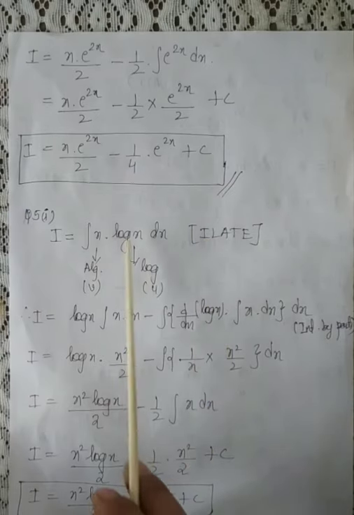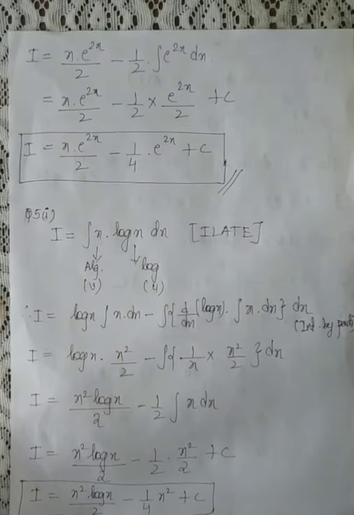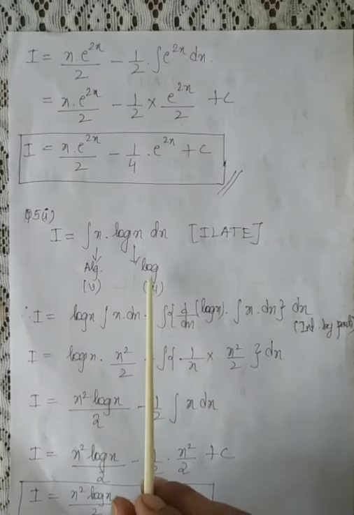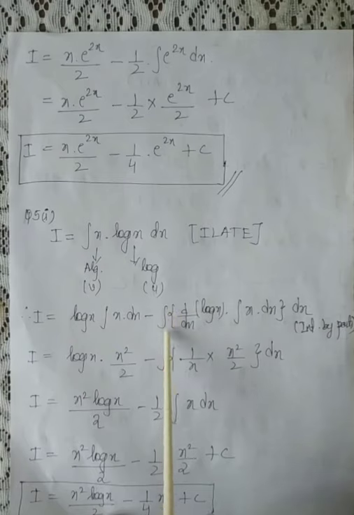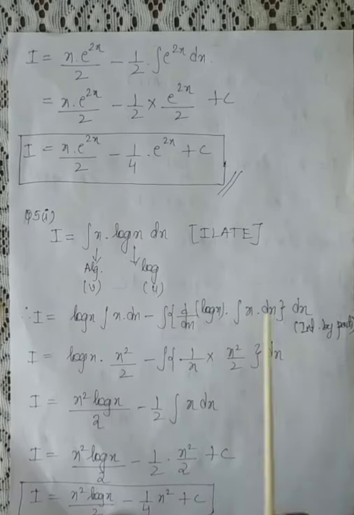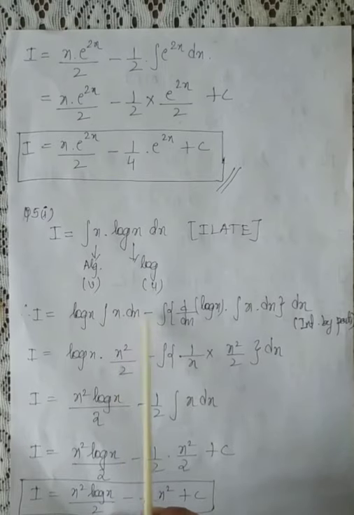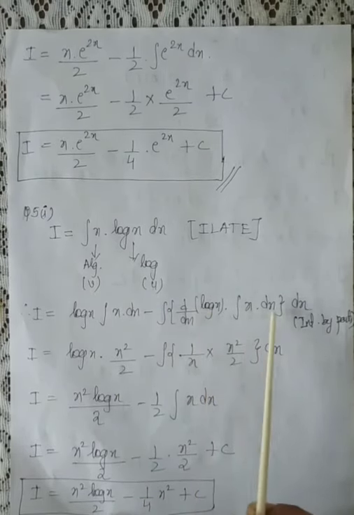So hence log x will be my U and x will be my V. So according to integration by parts, it will be log x into integration x dx minus integration differentiation of log x into integration x dx, which means U integration v dx minus integration differentiation of U into integration v dx.